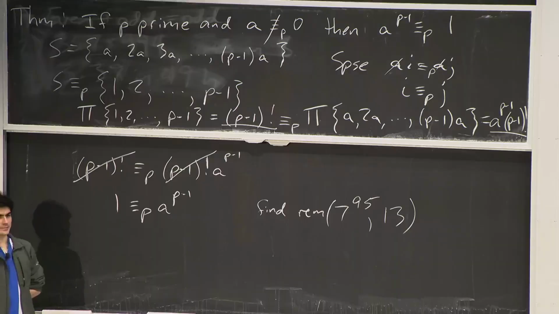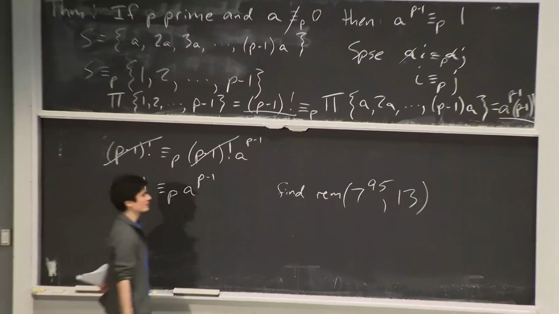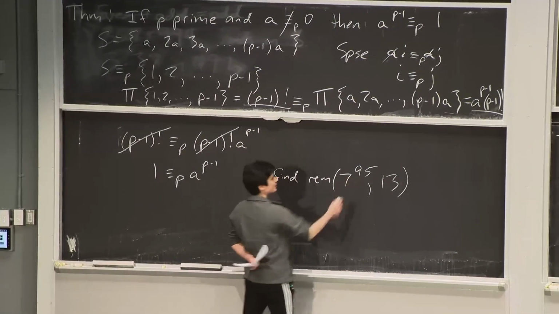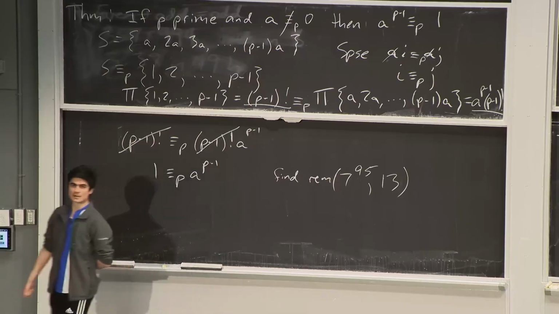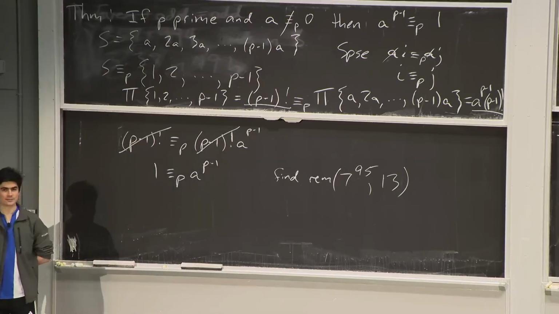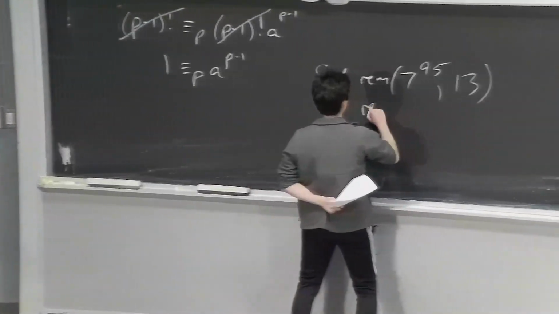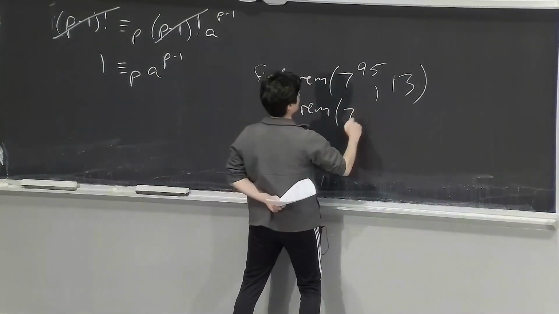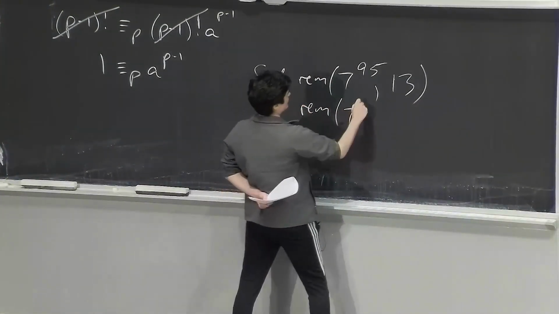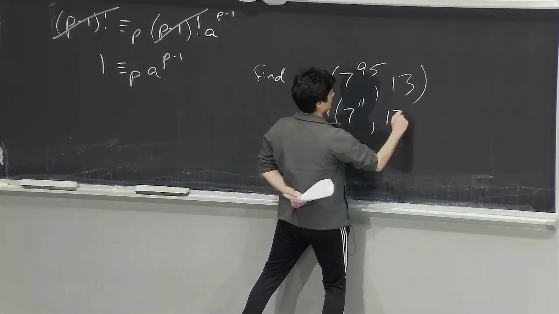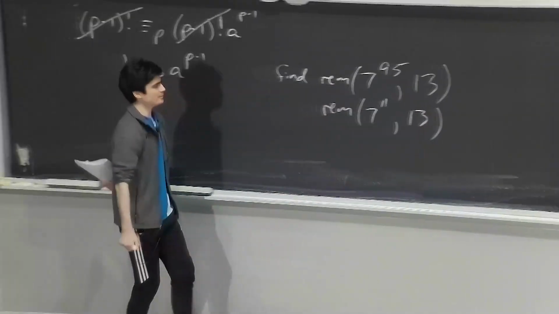Well, 13 is prime. So instead of computing 7 to the 95, let's reduce the exponent mod 13 minus 1, so modulo 12. This is going to be the same as 7 to the 11 mod 13.